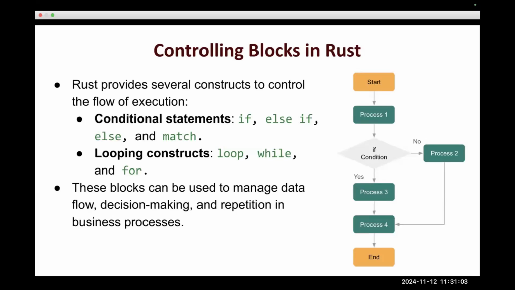These blocks could have branches. These blocks could be iterative. They can run many, many times. By putting all this together, theoretically, you're able to implement anything you need in the business, whatever business logic you might have. Could be mathematical computation, could be some transactions in a bank or anything. So that's the power of this so-called structured programming.